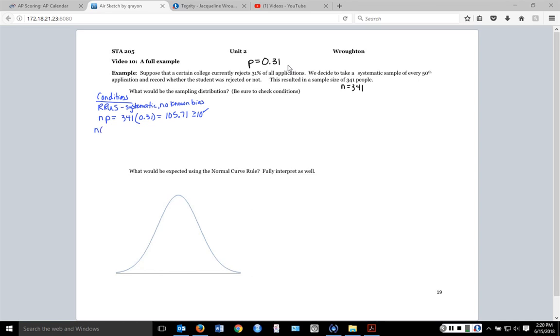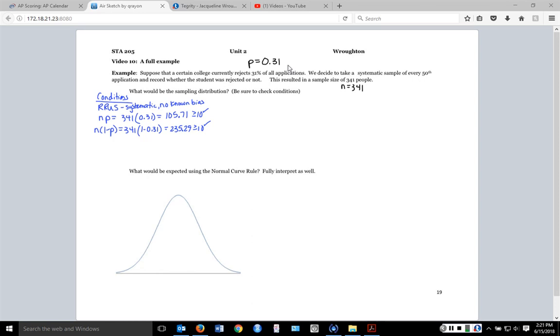Our third condition is checking that our n times 1 minus p is also at least 10. So this time we get 235.29, which is also at least 10. And this number would represent how many we would expect to not be rejected.